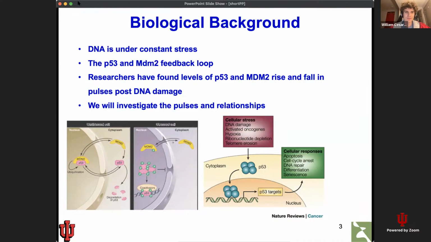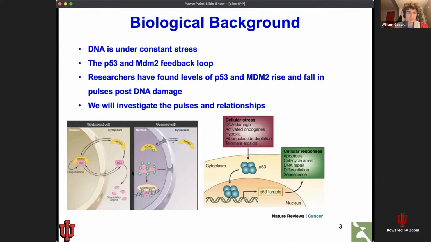One of the mechanisms is the protein P53, and P53 sort of lives in or works with MDM2 to repair DNA damage. So MDM2 and P53 are both proteins.